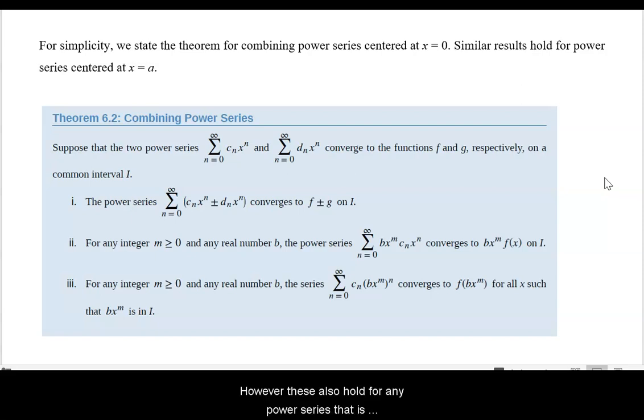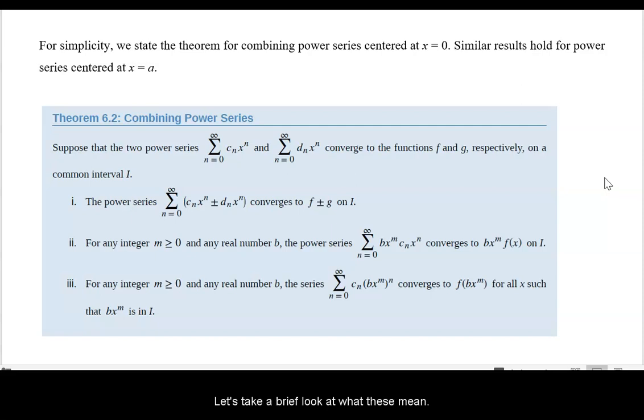However, these also hold for any power series that is centered at the value of x equal to a, where a is not 0. In other words, it will hold whenever, instead of your base being simply the variable x, you have instead the base being the quantity x minus a.